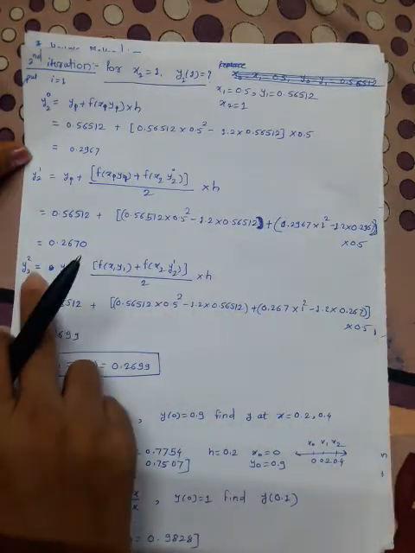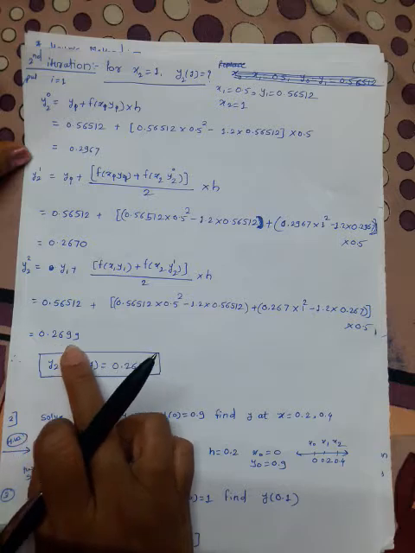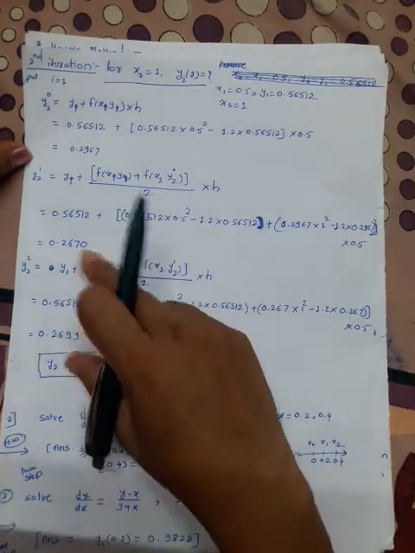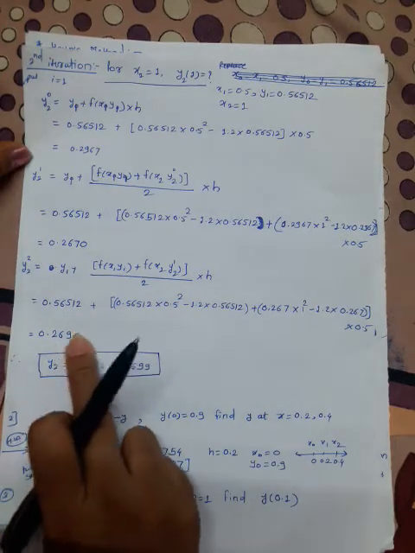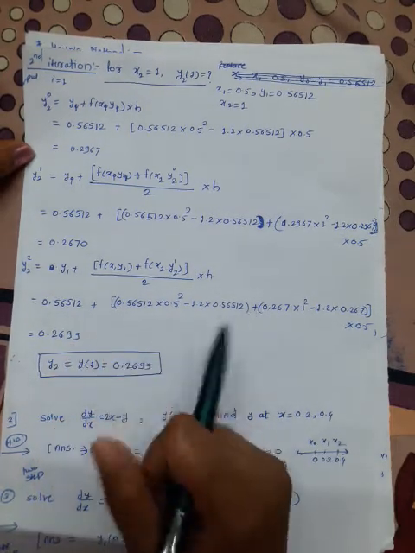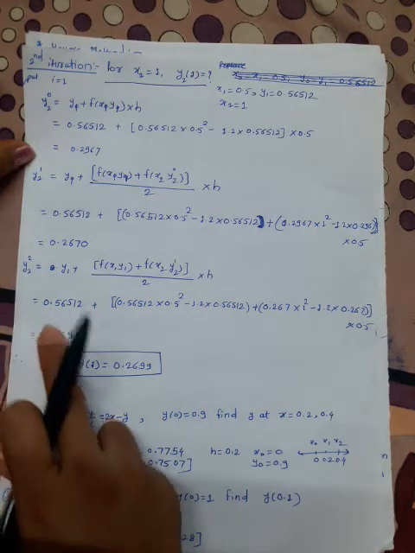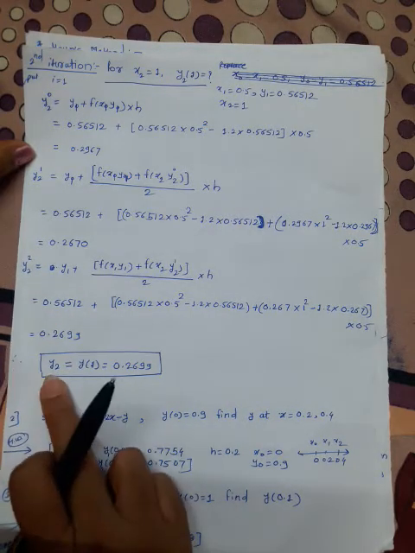Calculate on the calculator, we get y2 2, the answer is 0.2699, and this value is almost the same as 0.267. 0.2699 is almost 0.267. We don't need to go for further iteration. That's why the final answer will be y2 2, our second approximation, that is y2.